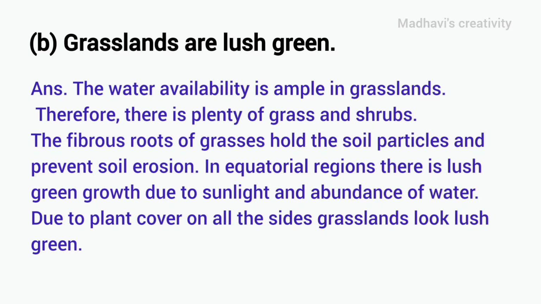The fibrous roots of grasses hold the soil particles and prevent soil erosion. In equatorial regions, there is lush green growth due to sunlight and abundance of water. Due to plant cover on all the sides, grasslands look lush green.